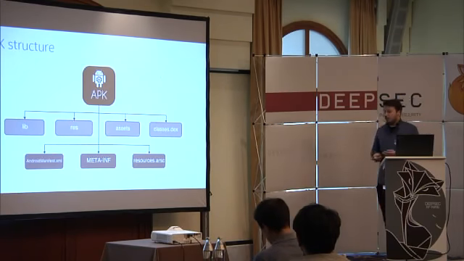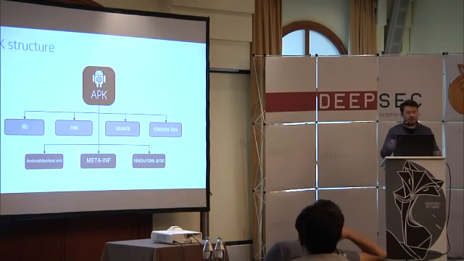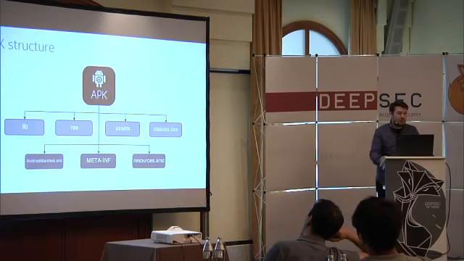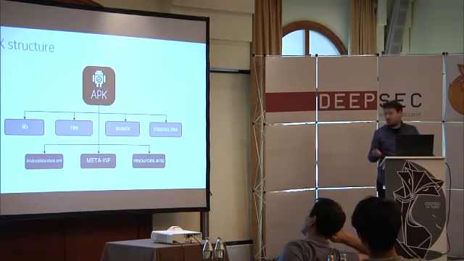The META-INF folder contains the signing information for the APK. This is also a component that is of interest to us because, for example, if we extract the components of an initial APK, start to modify things in it, and then try to repackage it and reinstall it onto the device, that won't be possible because the signing information won't allow this. So each time we modify an APK, we need to re-sign it so we can install it onto a device.